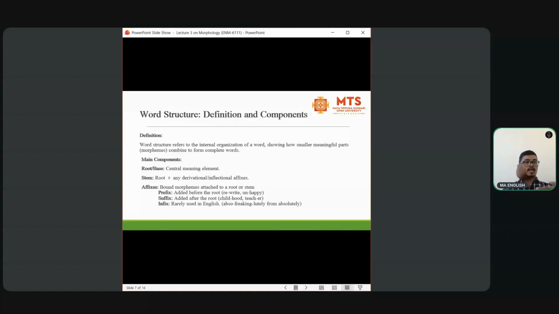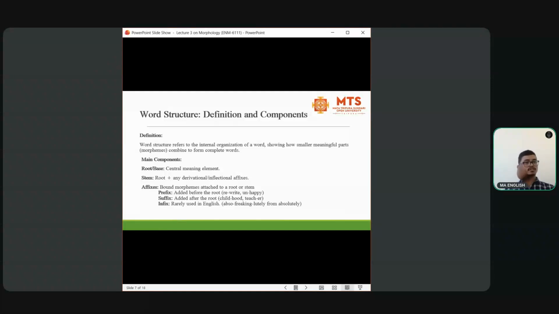An affix attaches to either a root or base. So teach is a root, and everything else that attaches to this root or base is an affix or affixes.